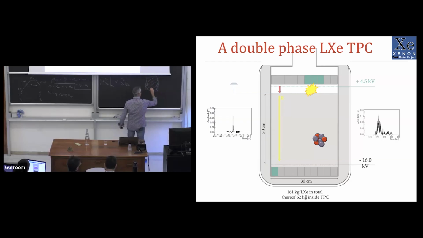So in general, one selects a fiducial volume in the middle of the detector to get rid of the background from the outer layers, and so the position reconstruction with a proper precision is key.